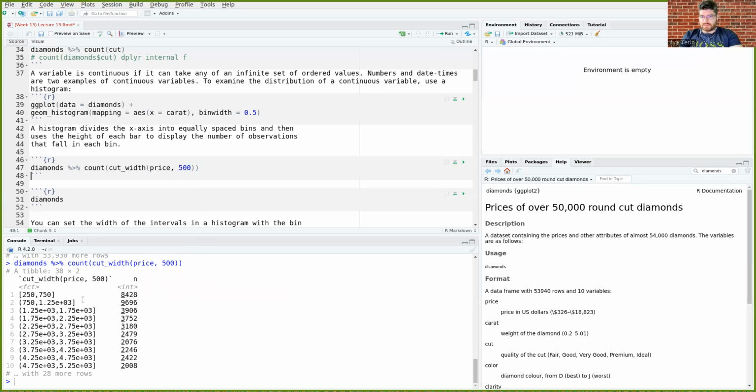And we can see that here are the measurements. So only 8,000 something diamonds fall into this cheap category, and still there are groups from 4,750 to 5,250, and there are 28 more rows. So this is just the preliminary way.